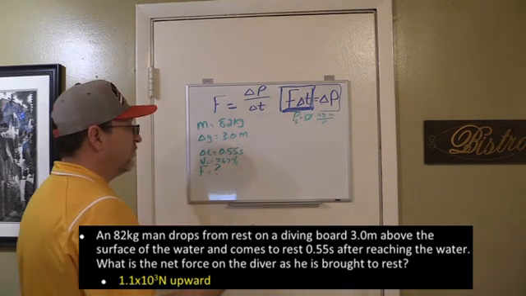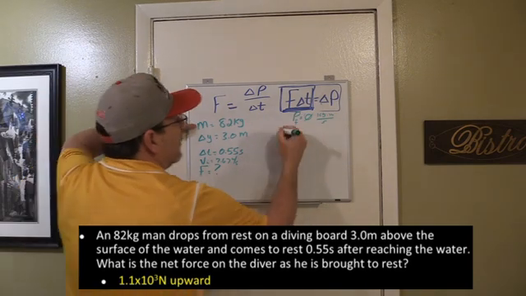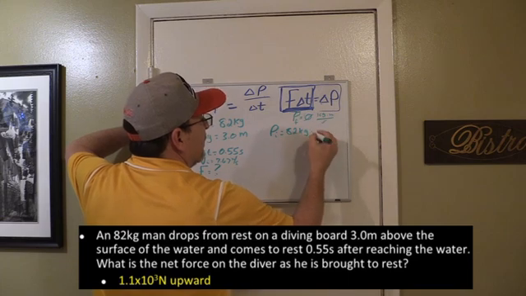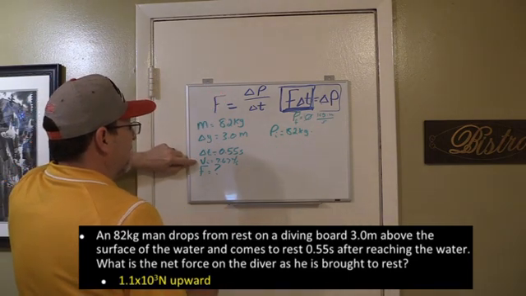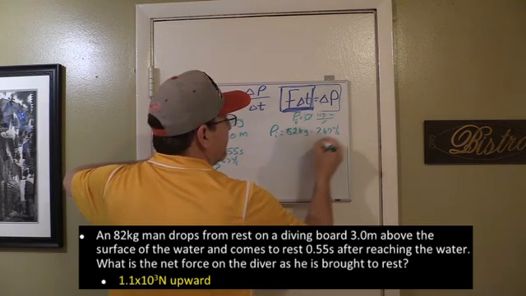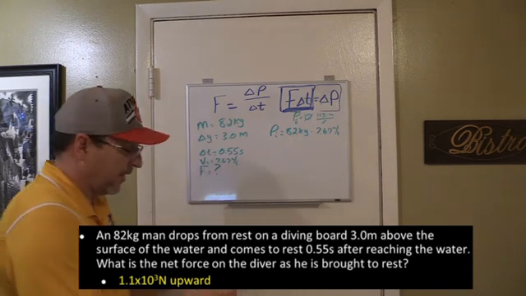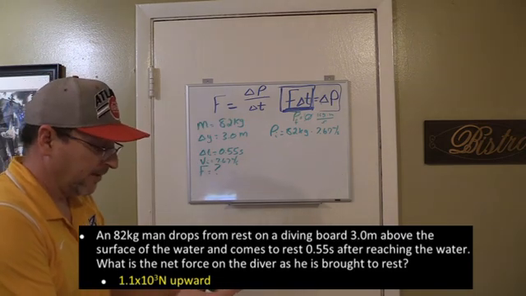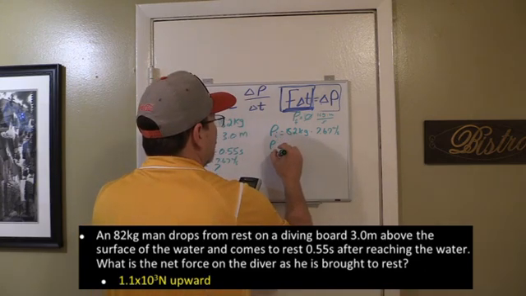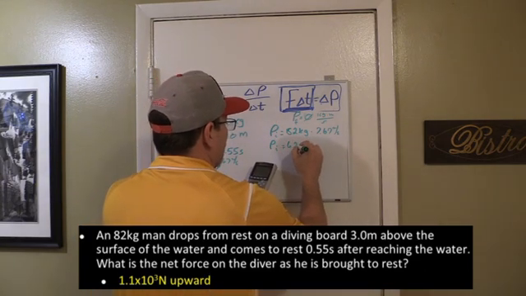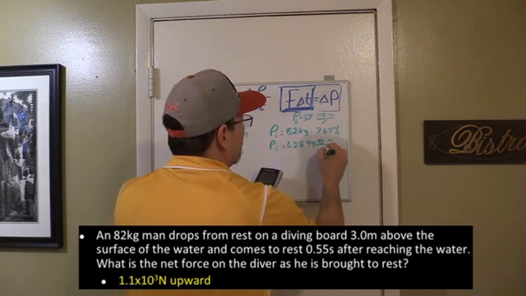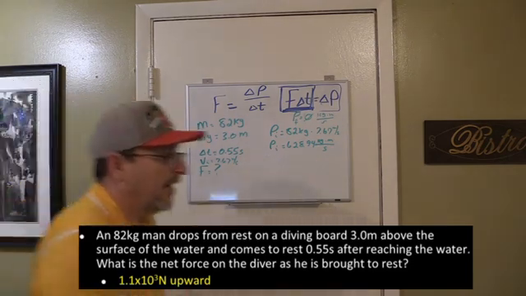I need to find my initial momentum: mass, which was 82 kilograms, times velocity, 7.67 meters per second. Let me calculate that real quick. 82 times 7.67, I get my initial momentum is 628.94 kilogram meters per second.